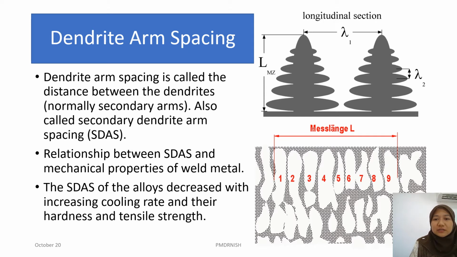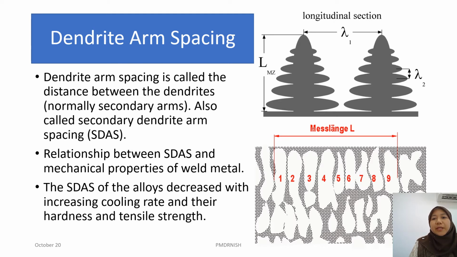The dendrite is in the form of a tree-like shape. The dendrite arm spacing is the distance between the dendrites. Normally, we measure the secondary dendrite arm spacing.